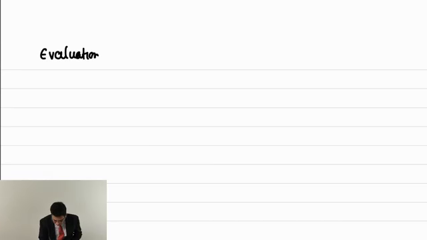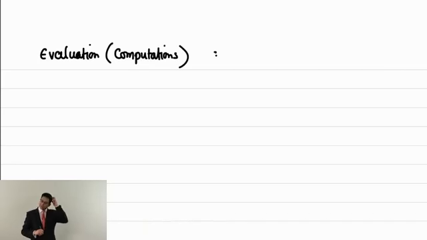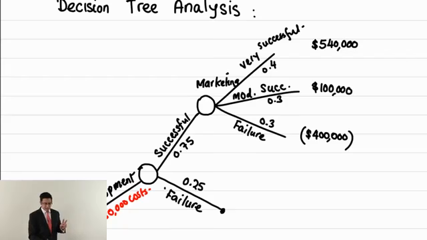Okay, let's do the evaluation, or you can call it computations of the decision tree. Okay, there are two ways to do it, completely your choice. For me both methods are the same, end up with the same answers, completely your choice, whichever is suitable for you.